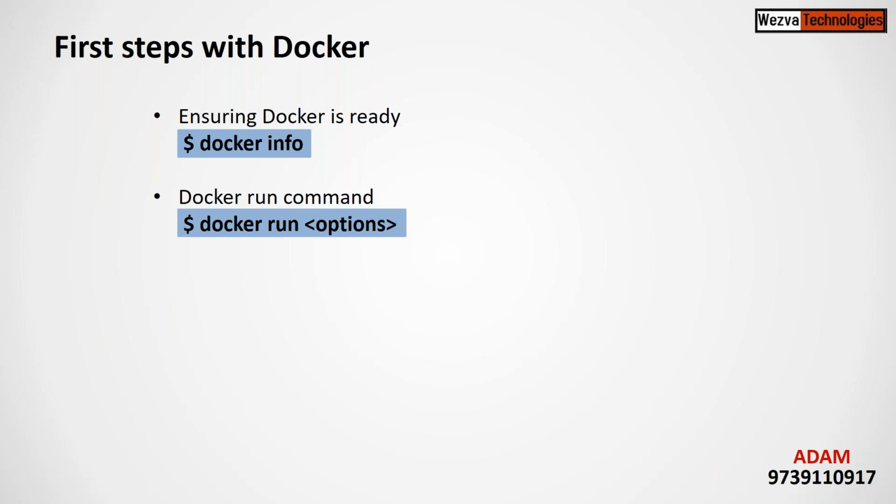Now, for all this, there are different commands or options in Docker. But one of the popular commands which we will be using to do all these things together is Docker run. Typically, when you want to create a new container using Docker, you will use this command called Docker run.